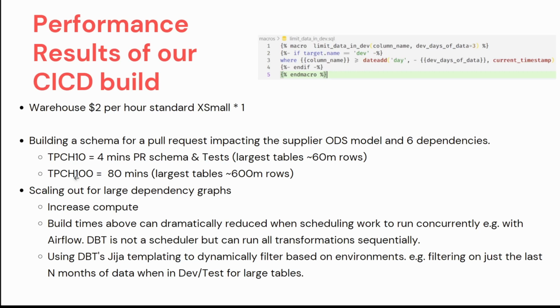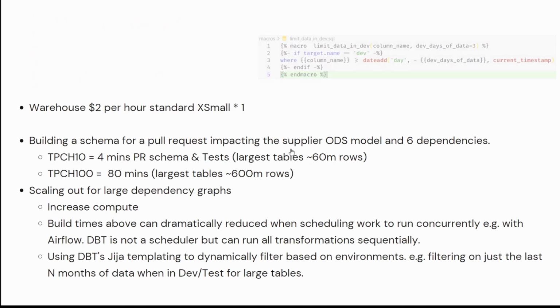I've got a quick example at the top right here, where this macro will get inserted into a table, and based on the column name, such as a date column, we can restrict it to n number of days based on a particular environment. So we can say, only bring back the last couple of months' worth of orders, rather than the entire history. And again, this will massively reduce the time to iterate.